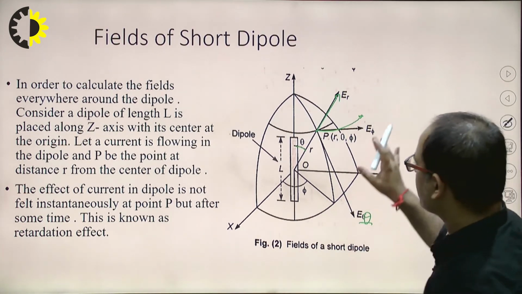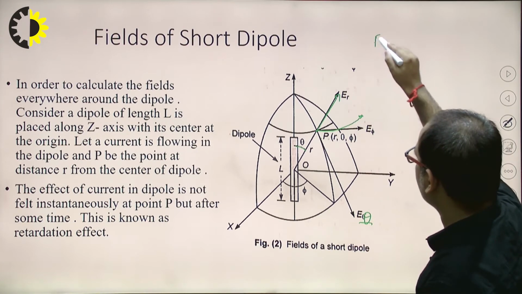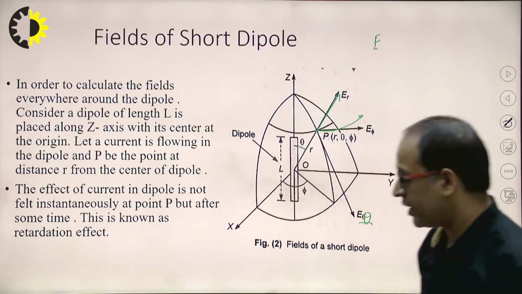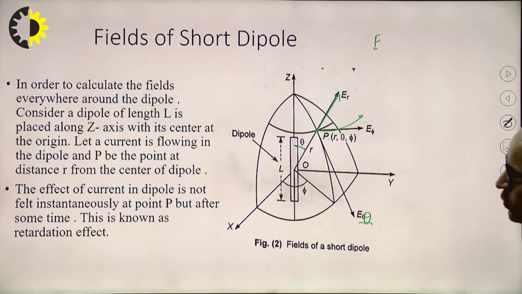Clear? So for calculating the electric field and magnetic field, we should know the scalar potential, that is V, and the magnetic vector potential.